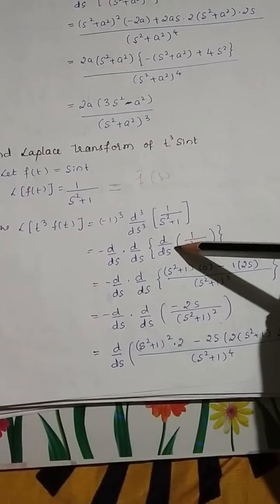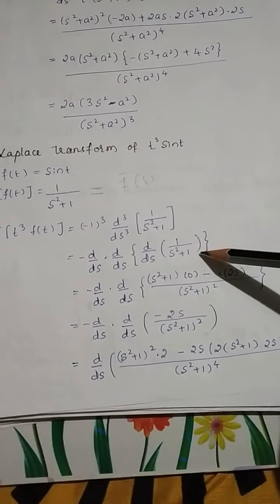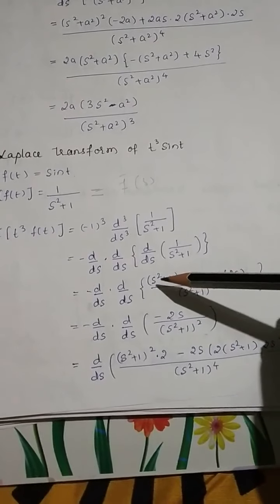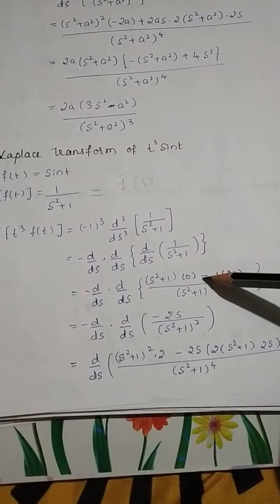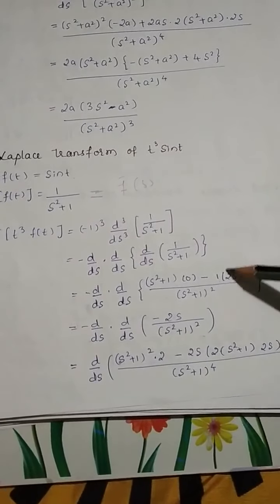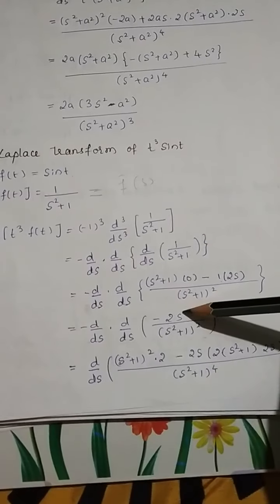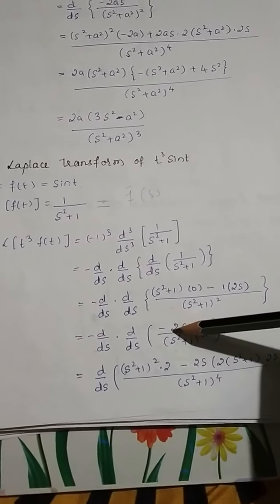First we need to differentiate once. Differentiation of 1 upon s square plus 1, again using the quotient rule: s square plus 1 into 0, the derivative of 1 is 0, minus the differentiation of s square plus 1, which is 2s. Simplifying, after the first differentiation, the first derivative is minus 2s upon s square plus 1 whole square.